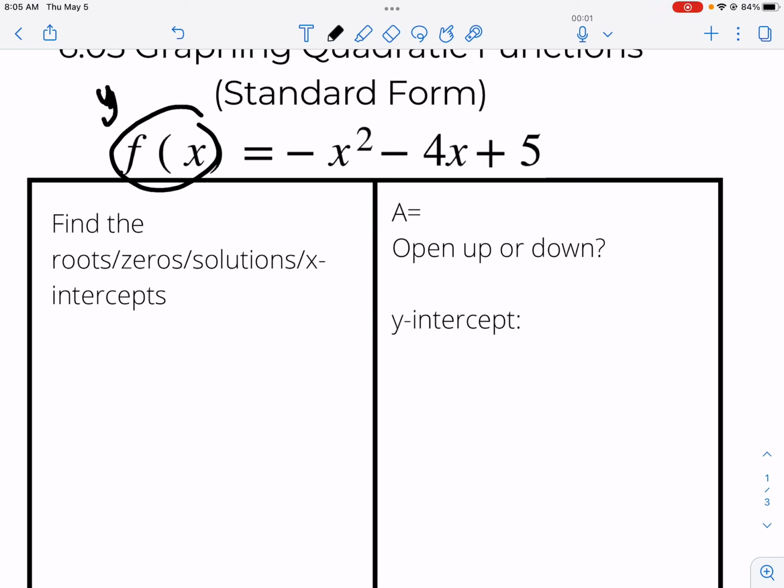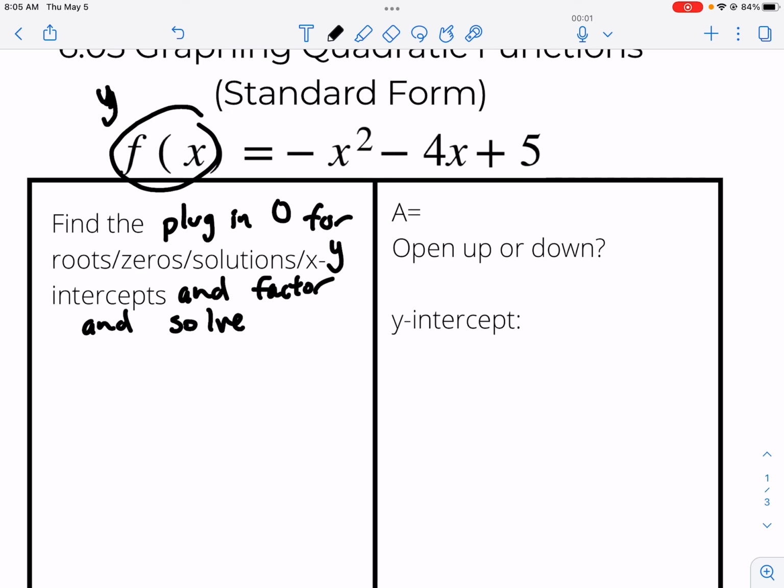So in order to find the root, you plug in 0 for y, or for f of x, and then factor and solve. So let's go ahead and write 0 is equal to negative x squared minus 4x plus 5.